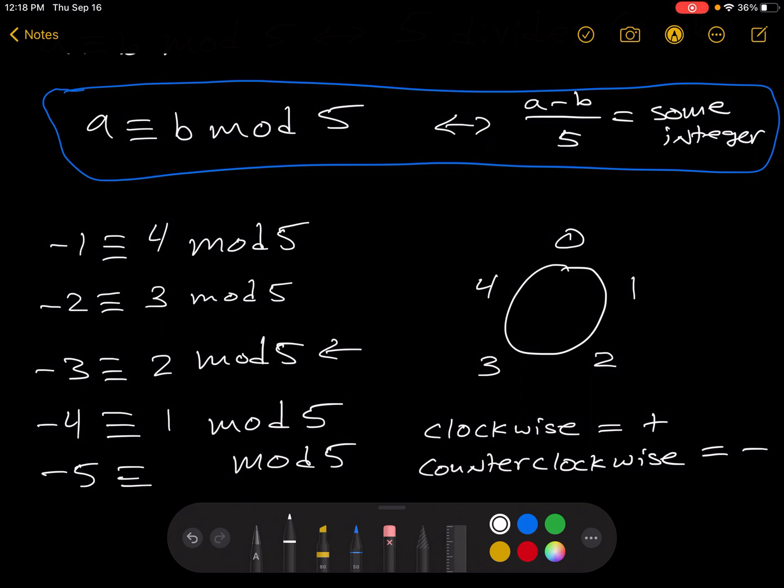I'll start up here with 0. So 0, negative 1, negative 2, negative 3, negative 4, negative 5. Oh, it's 0. You see how I did that? Okay, and that's really how you can deal with negatives. Now, of course, you might have something a little harder, and let's look at how we would do that.